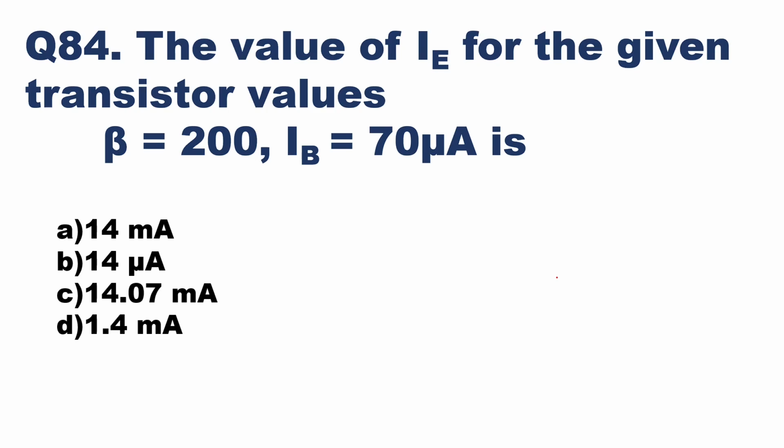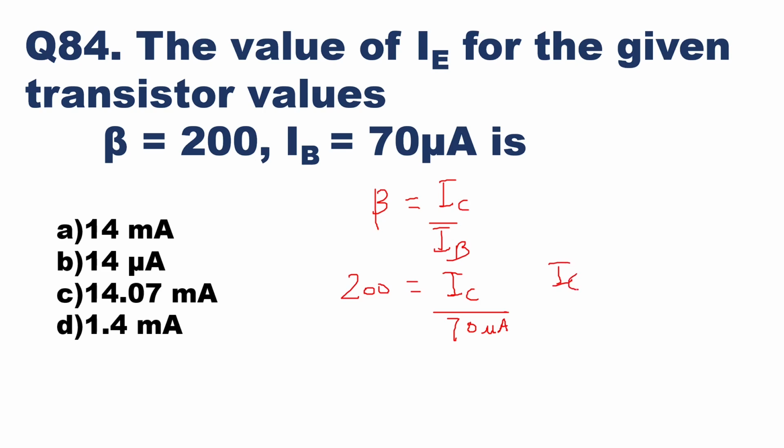The value of IE, that is emitter current, for the given transistor with beta equal to 200 and base current IB equal to 70 microamperes. In this case, beta, that is the current amplification factor, is given as IC upon IB. So beta is 200, so 200 is equal to IC upon 70 microamperes.